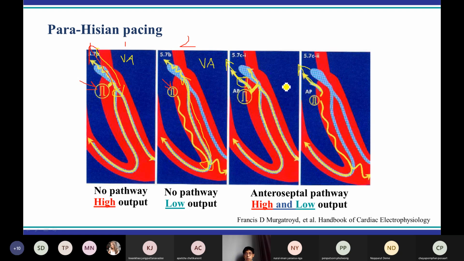But in the patient with a septal accessory pathway, there is no difference between the VA time when you put the high or low output, because you still can use the accessory pathway here to reach back to the atrium of the patient. So the VA time would be equal.